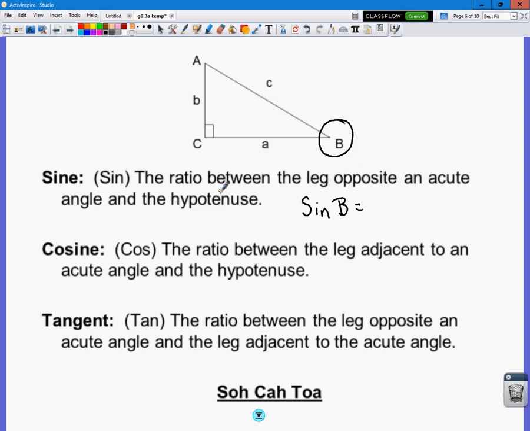A ratio is a comparison of two things. The leg opposite the acute angle. What's opposite of angle B? The little b. And what's the hypotenuse? The little c. So the sine of angle B would be equal to the side that's opposite over the hypotenuse.